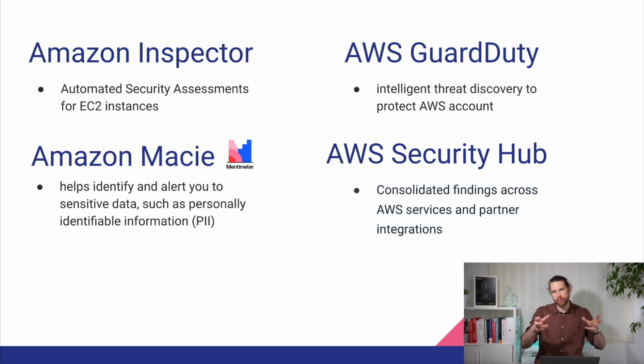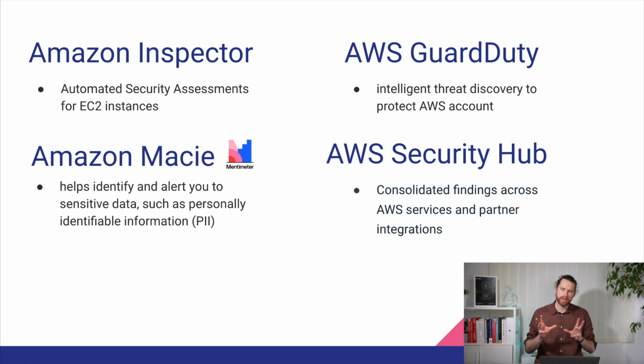And using this information and the machine learning model, it flags if something suspicious is happening in your accounts. Again, a pretty easy to use service, and it can save you from lots of trouble.